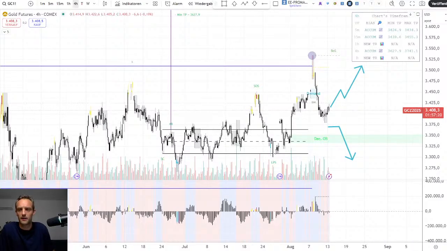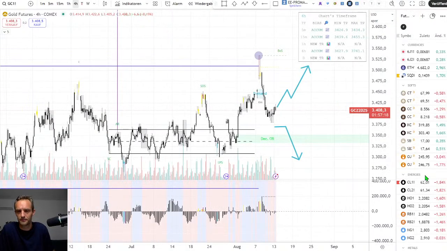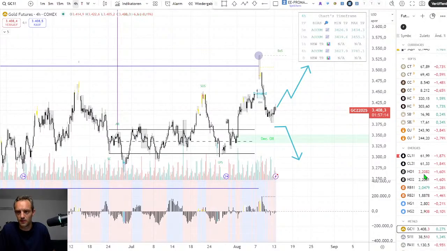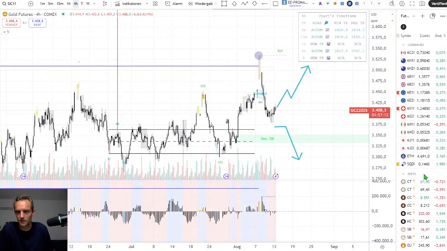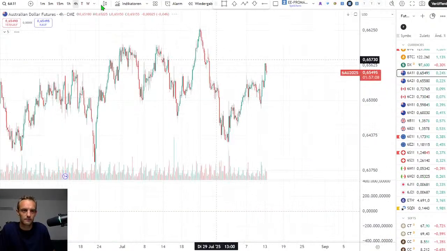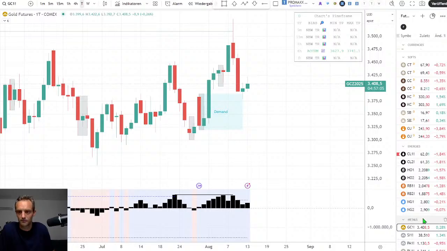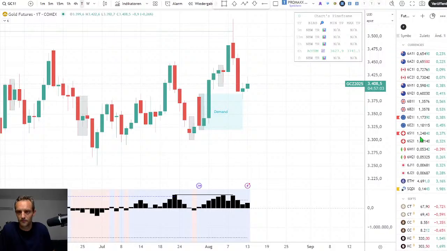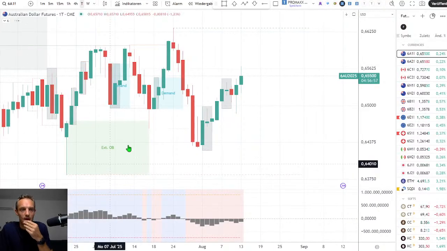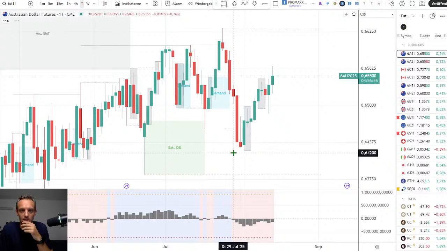Okay, next market, Australian dollar. Australian dollar, and then we'll finish. Okay, Australian dollar. Australian dollar on the daily chart.